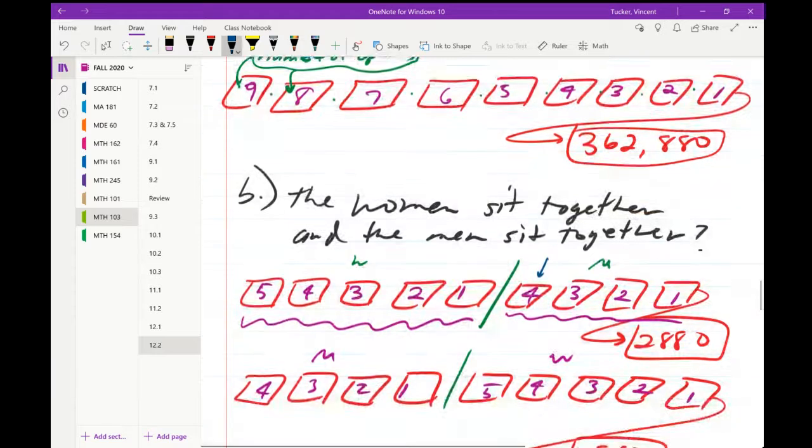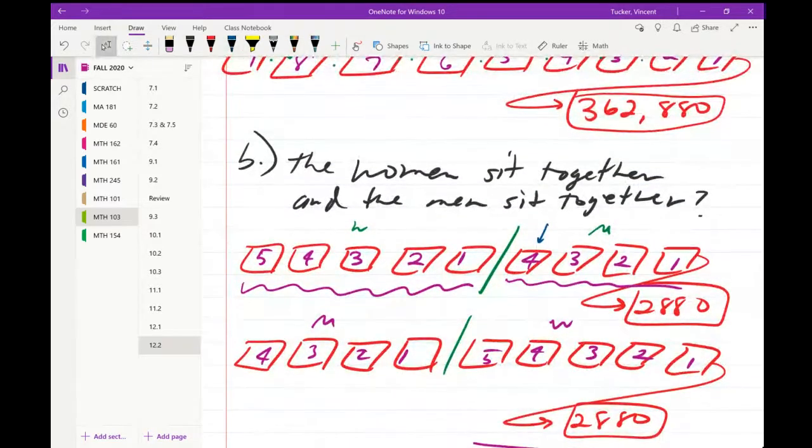And then we have to consider the men sitting first, and then the women sitting second. So it's the same numbers, but just set up in reverse. In other words, I have 4, 3, 2, 1 as my first set of seats, and then 5, 4, 3, 2, 1 for my second set of seats to represent the women.